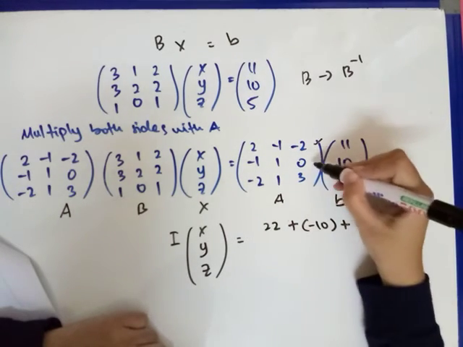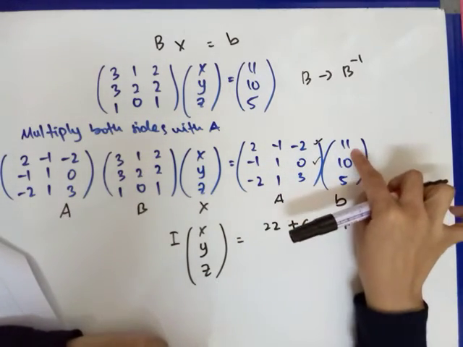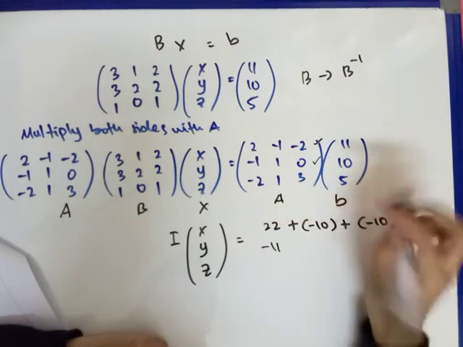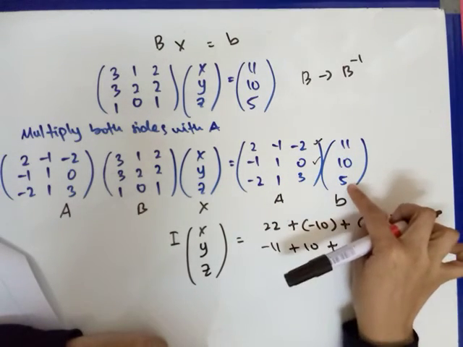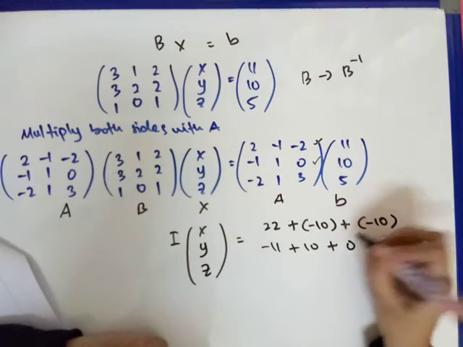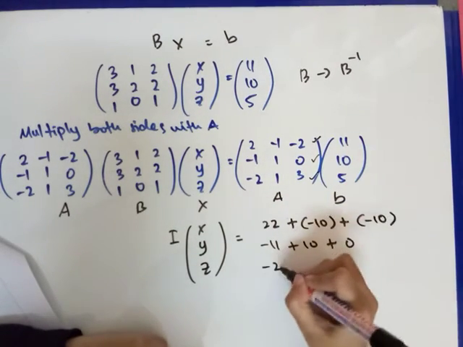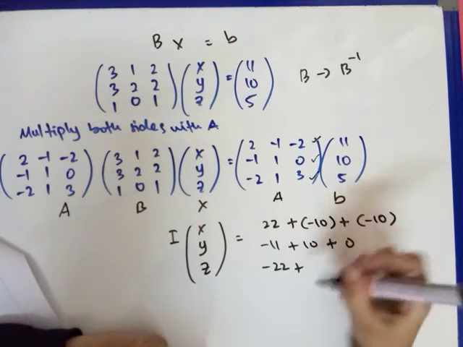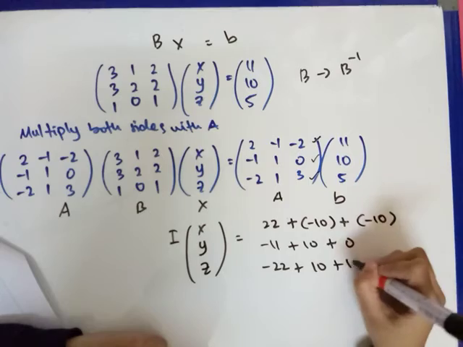And then for second row, negative 1 times 11, we get negative 11. 1 times 10, we get 10. Plus 0 times 5, we get 0. And then for the third row, negative 2 times 11, we get negative 22. Plus 1 times 10, we get 10. Plus 3 times 5, we get 15.